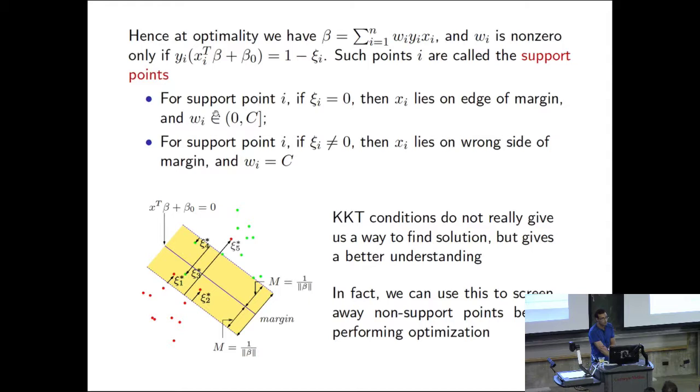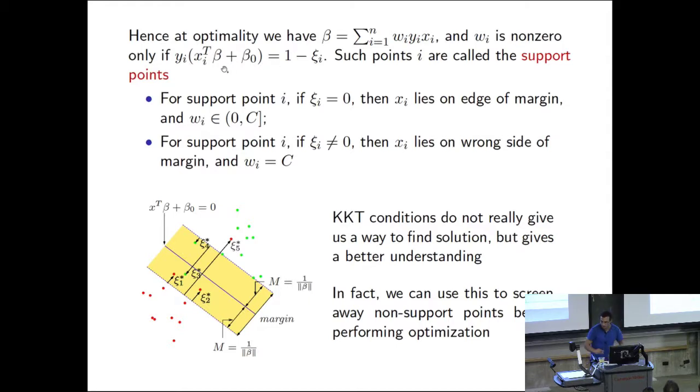And now we can read off the other complementary slackness equation to characterize two different types of support points. If we have a particular support point, let's call it i, and this psi value is equal to 0, then yi times xi transpose beta plus beta naught is equal to 1.